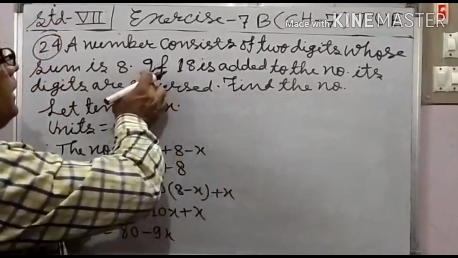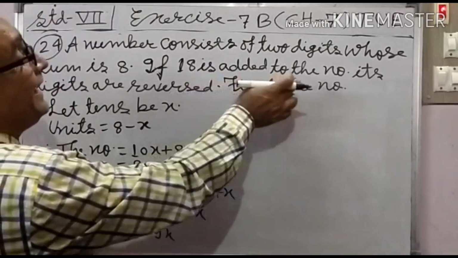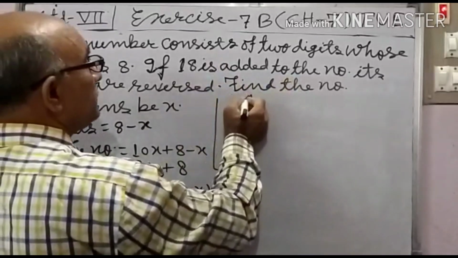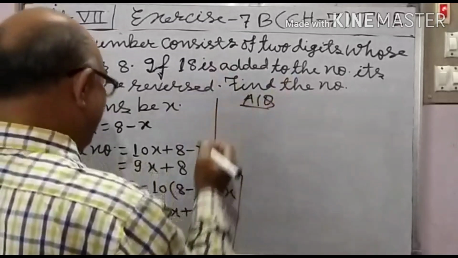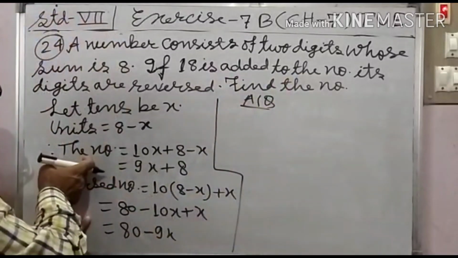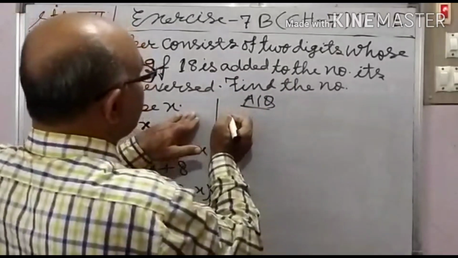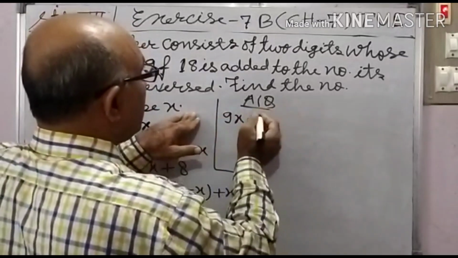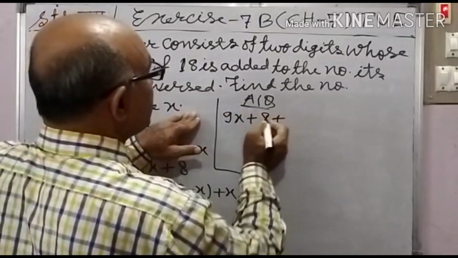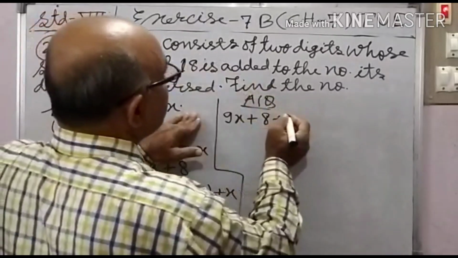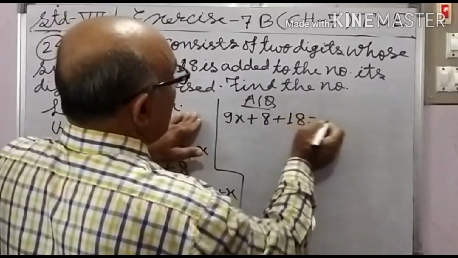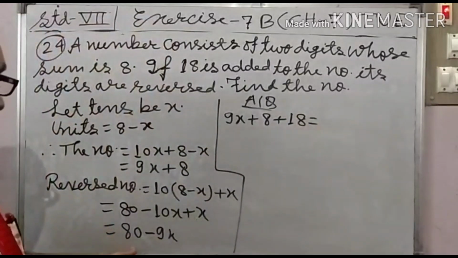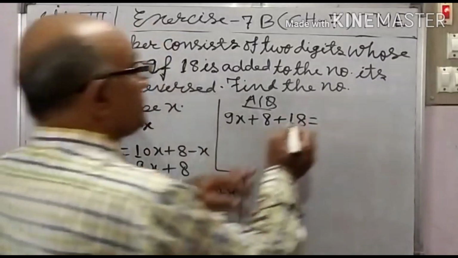Students, now if 18 is added to the number, according to the question, here the number is 9x plus 8. In this number 18 is added. Now the number is reversed, so the reverse number is 80 minus 9x.